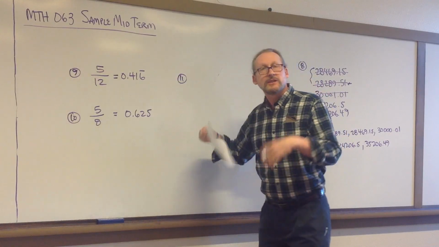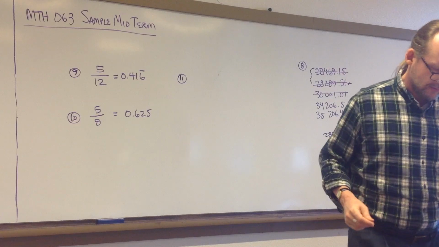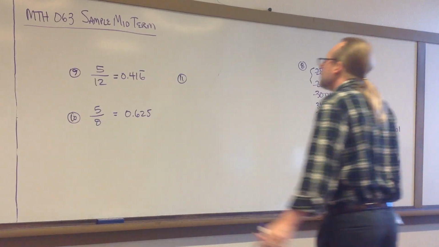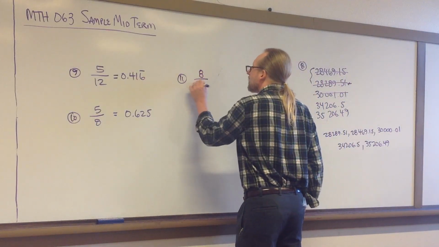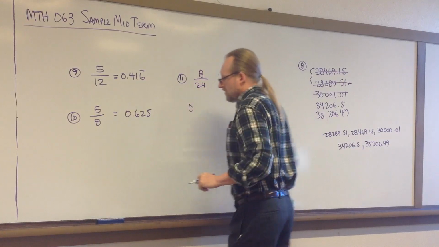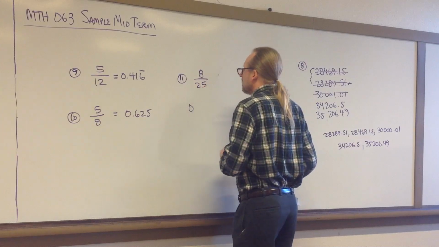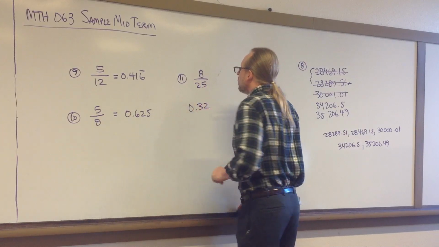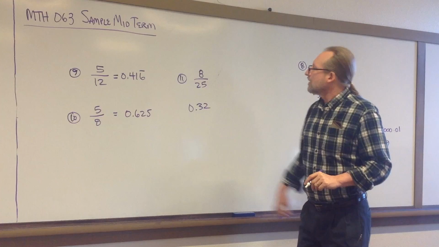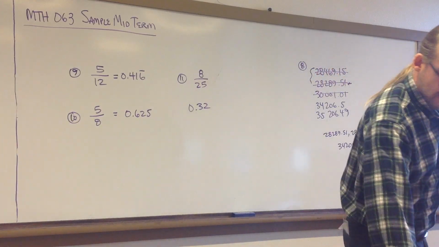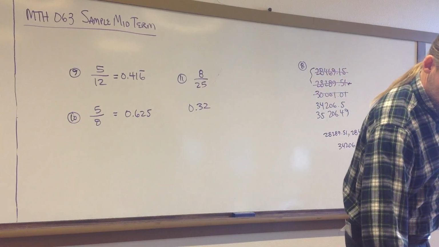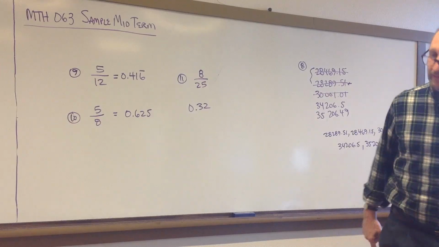If it's a terminating decimal, include all the decimal places. Let's see, 8 over 25. That should give us 0.32. All right, 32 over 100 is the same as 8 over 25.